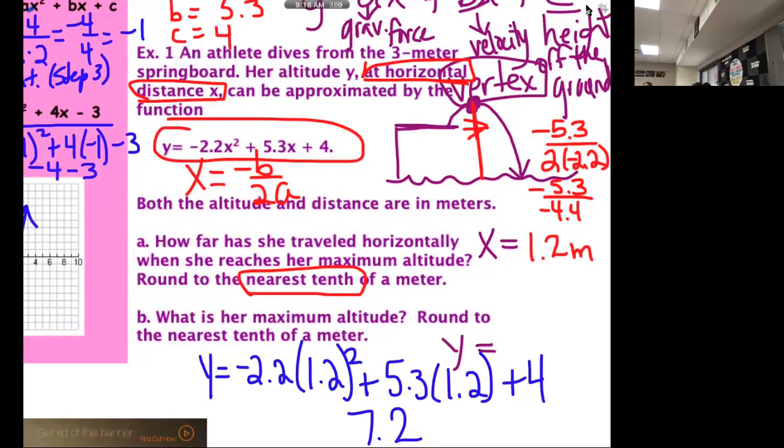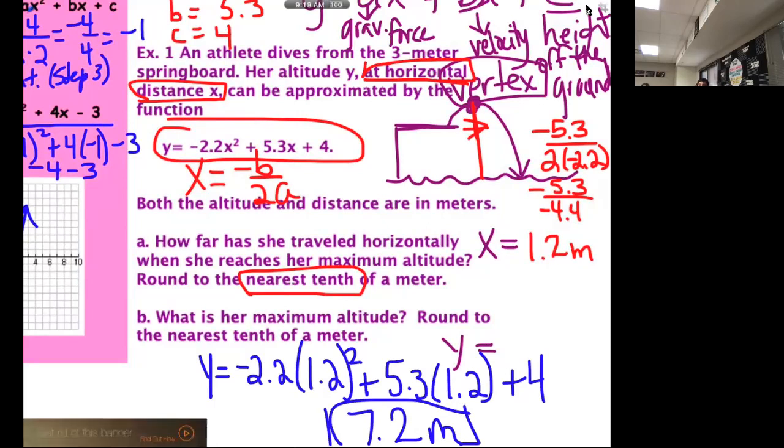Okay, so then round it to the nearest tenth, 7.2. So she is going to get to a full altitude of 7.2 meters, which wasn't bad. She was on a 3-meter springboard, so that's pretty good height there. I guess you get a little spring from the board, all right?